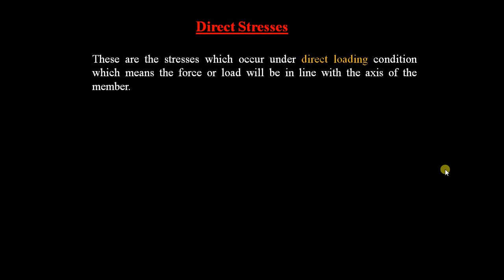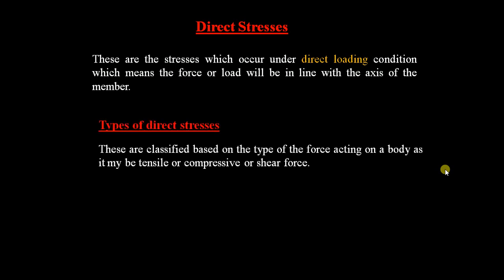Again there are different types of direct stresses. What are the types of direct stresses? These stresses are classified based upon the type of force we are applying. It may be tensile, compressive or shear. Based upon these three types of forces we can apply over the body, these direct stresses are classified as tensile stress, compressive stress, and the third one is shear stress.